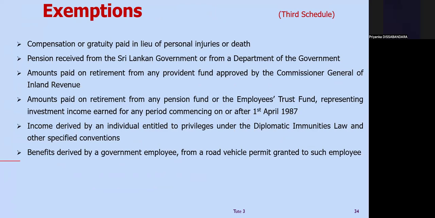That means if we have a personal injury and we receive compensation, or if we receive compensation for the death of another person, those compensations are exempt from employment income. So when we are calculating the employment income, we have to exclude that income. The next one is pension received from the Sri Lankan government or from a department of the government.